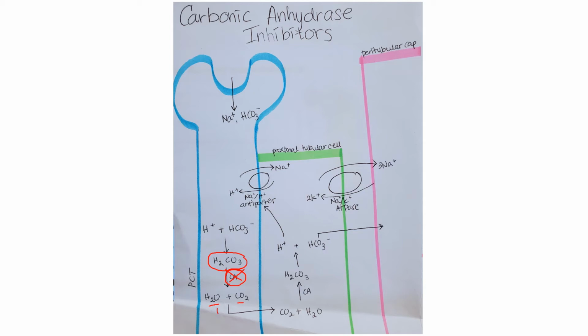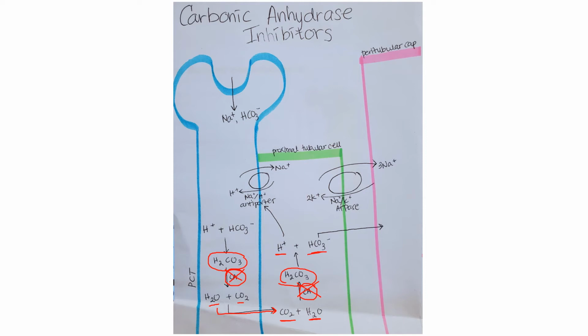This means that our water is not going to be reabsorbed into the cell. And then inside the cell, here's our carbonic anhydrase. If we inhibit this carbonic anhydrase, we can't convert our carbon dioxide and water back into carbonic acid. That means we can't generate this proton and we can't make this bicarb.